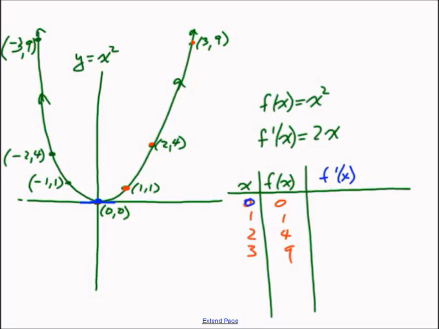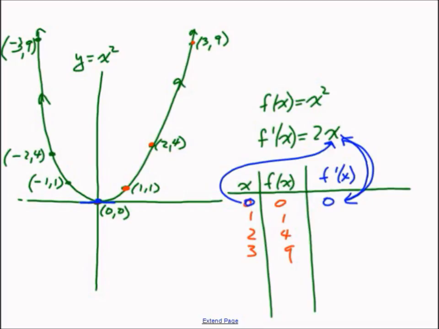What's the slope of that line? We know that that slope is 0. Okay, if we substitute 0 into this derivative function, we would get 0. Actually it's this 0 that gets substituted in, but we end up with this 0.